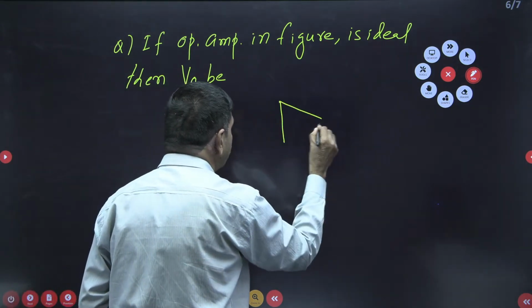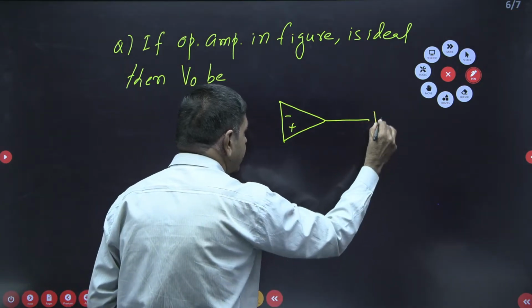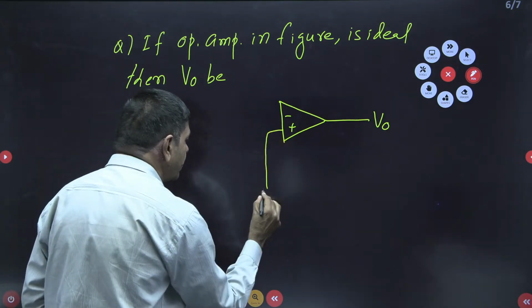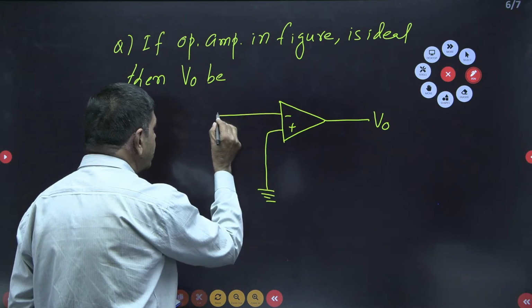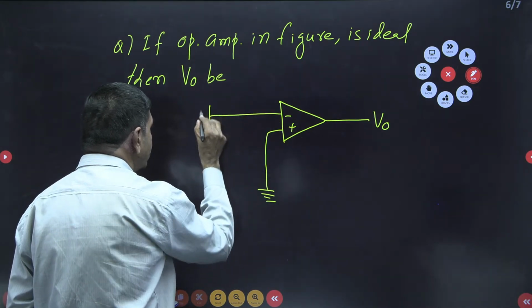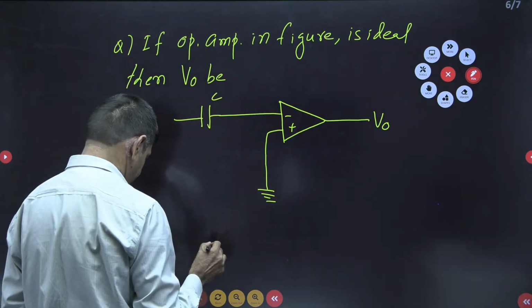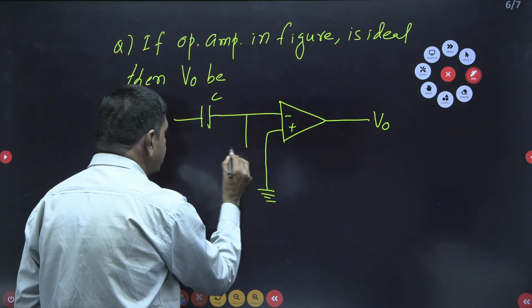There is an op-amp, and the output is taken here like this. The positive terminal is connected to the ground. The negative terminal is connected with one capacitor, C is given. And here it is connected with one more capacitor.